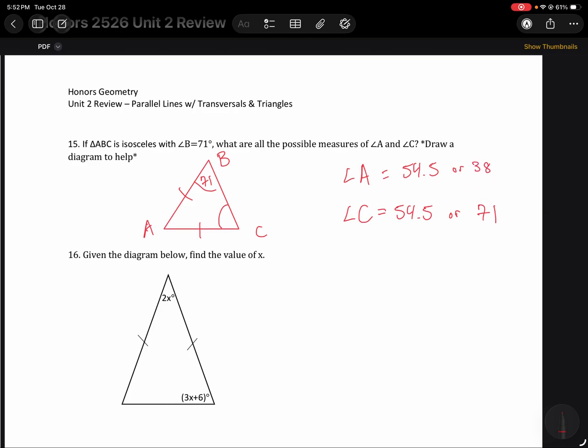So that could happen like that, with these two being 71. It could also happen like this, I suppose. So then A could also be 71, and then C would be 38.